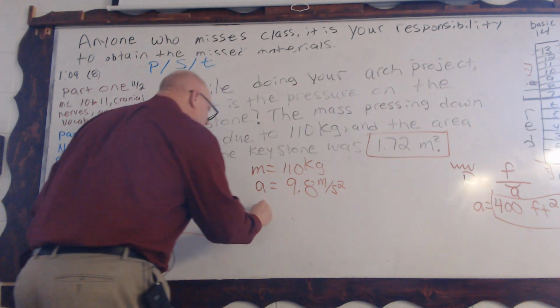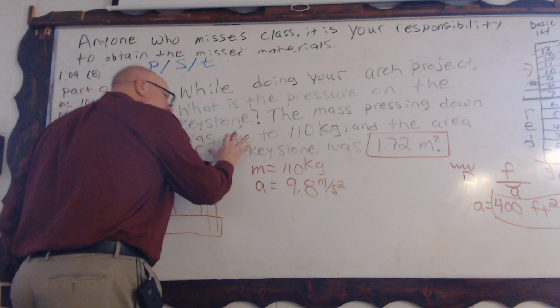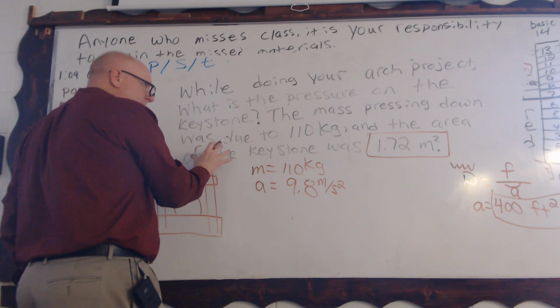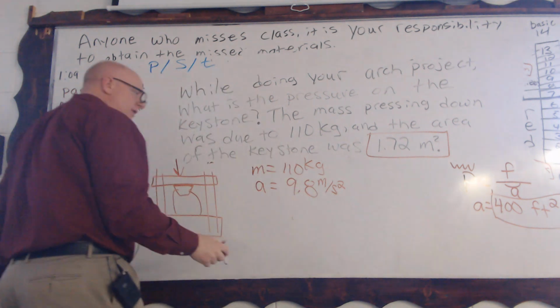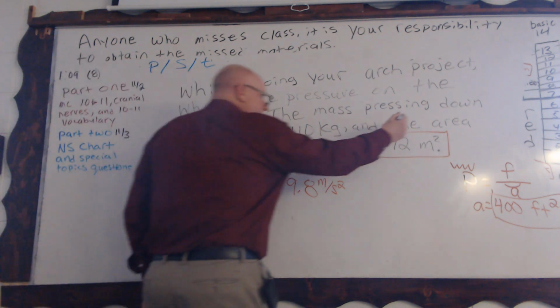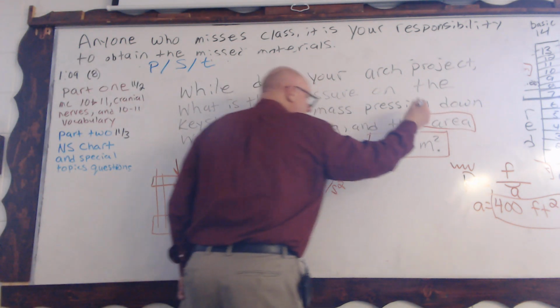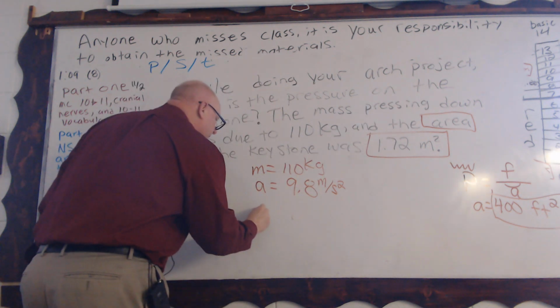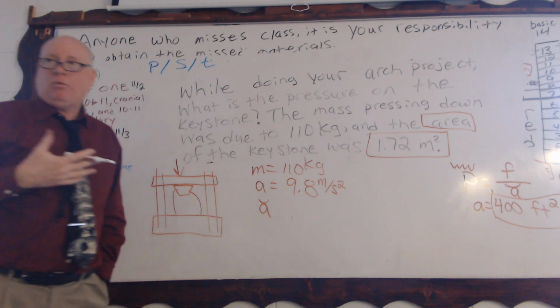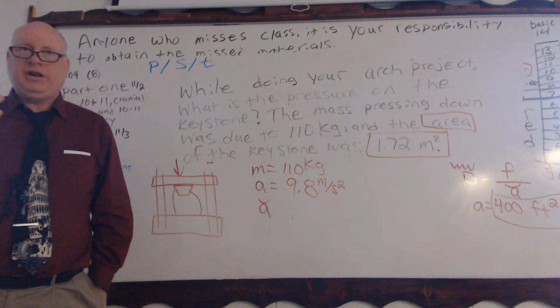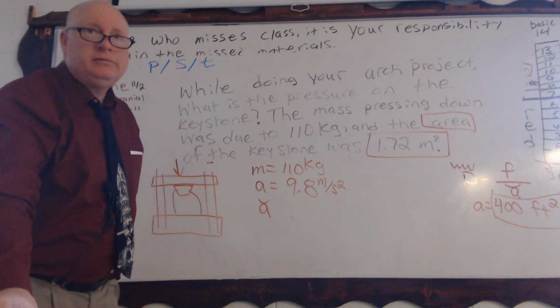Okay? So, we have one more variable we haven't accounted for yet. What is this measuring? What does it tell you? Right here, it has an area of 1.72 meters. So I don't care what variable you use. If you don't want to use an A, give me another variable.